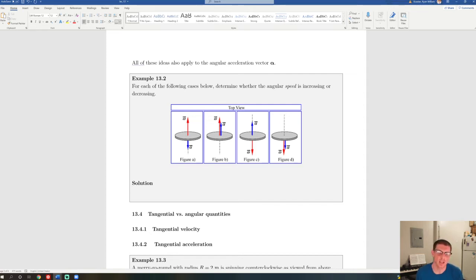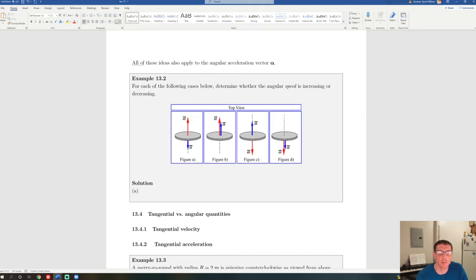The magnitude of the angular velocity vector. So for each of the following cases below, determine whether the angular speed is increasing or decreasing. This really just comes down to the orientation of the angular acceleration vector with respect to the angular velocity vector.